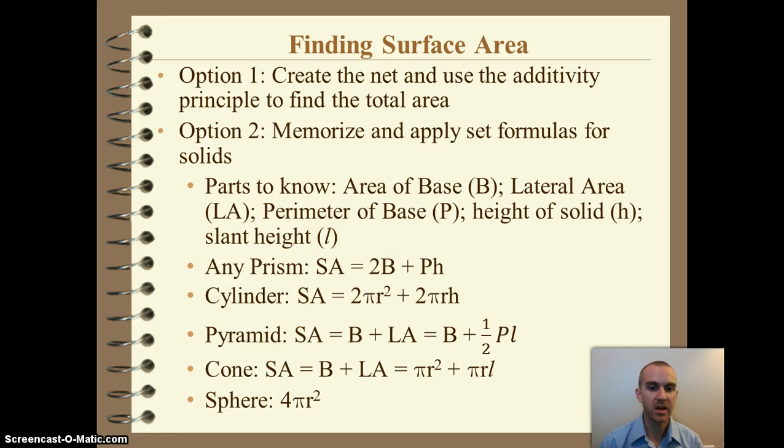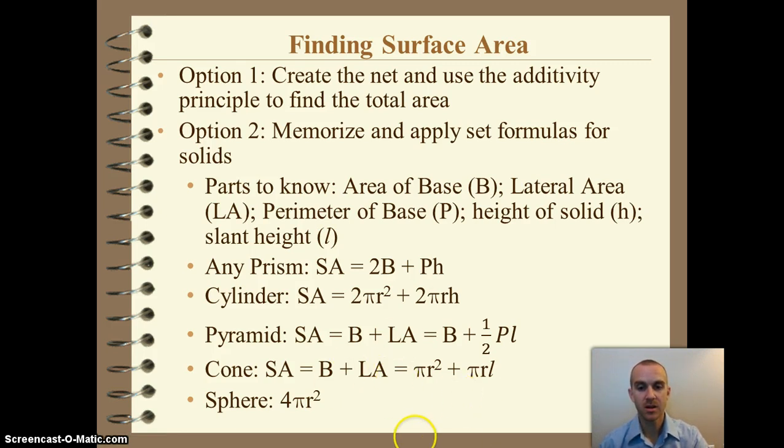So if I recognize those different pieces, I have 5 primary formulas for surface area. For any prism, I can do 2 times the area of the base plus the perimeter times the solid's height. For a cylinder, it's going to be 2 pi r squared plus 2 pi r times the height, so you're dealing with circumference components.